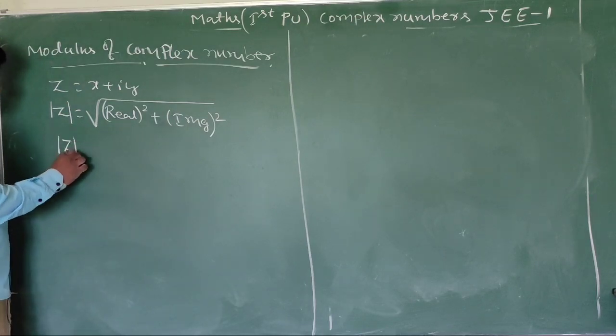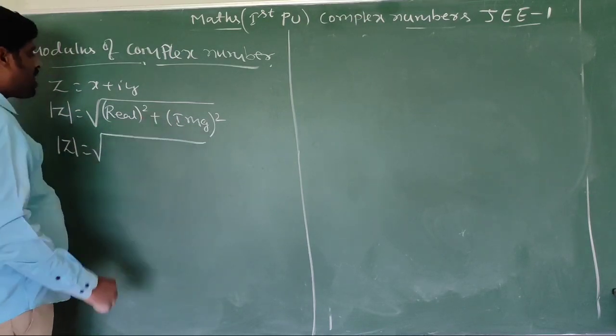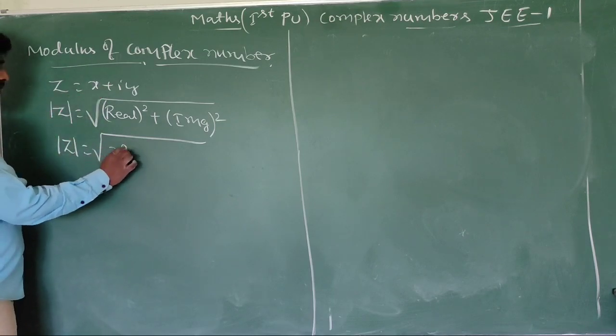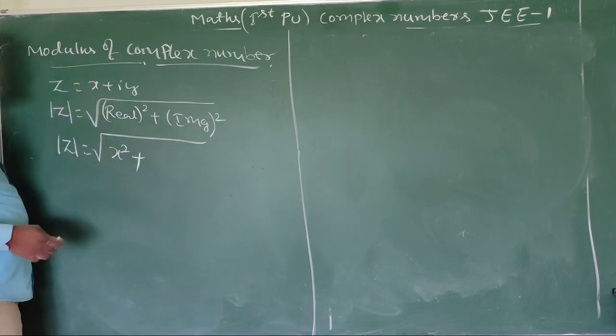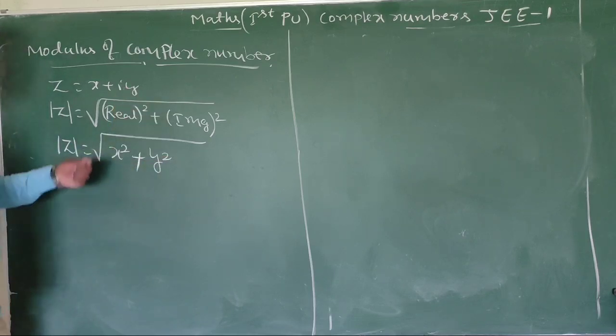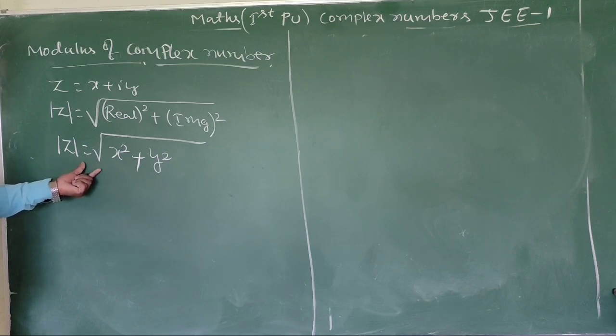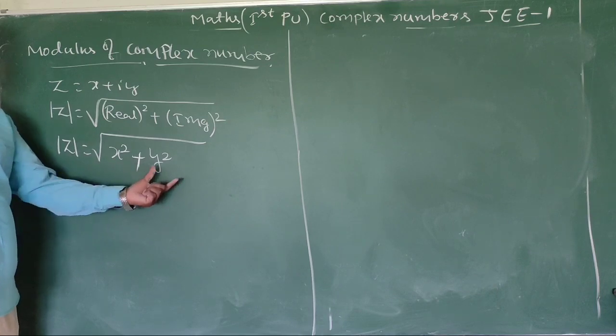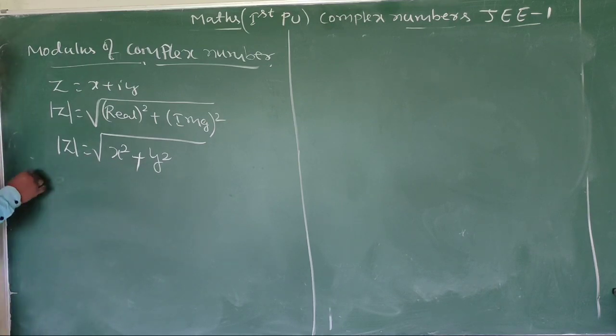That is, modulus of z equals square root of x square plus y square, where x is the real part of z and y is the imaginary part of z. The modulus of a complex number is modulus of z equals square root of x square plus y square. Suppose I take one example.